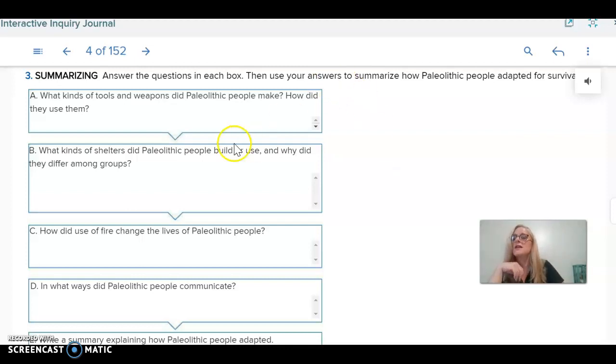So Paleolithic people made what kind? Instead of listing it right here, we can say many kinds of tools and weapons. But we haven't answered the second part of the question. How did they use them? Let's think of a more academic phrase than how did they use them.